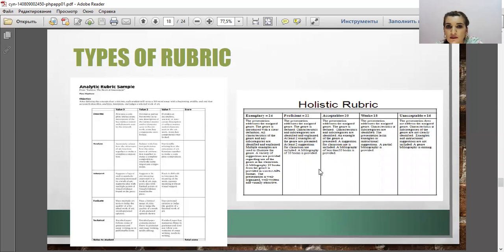And types of rubrics. Here are given exemplary, proficient, acceptable, weak, and unacceptable. So in this case also the knowledge of the students is assessed.